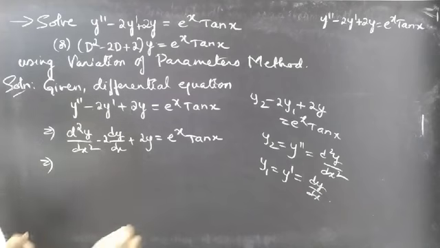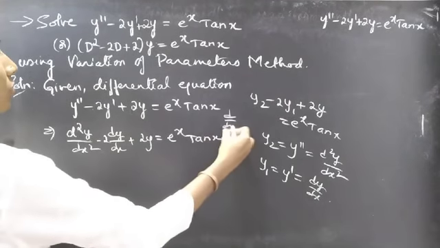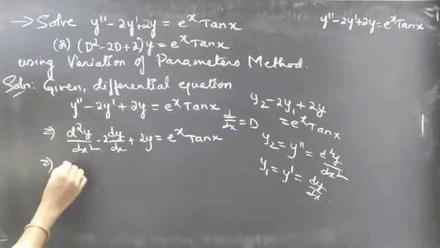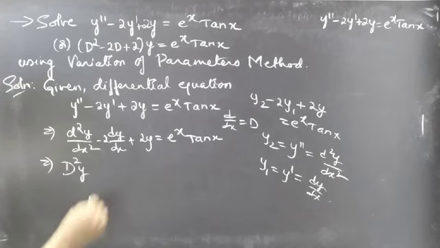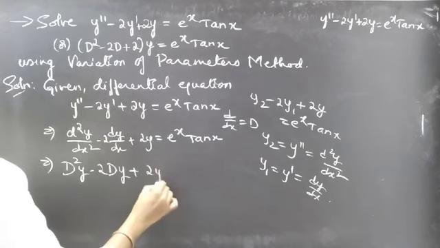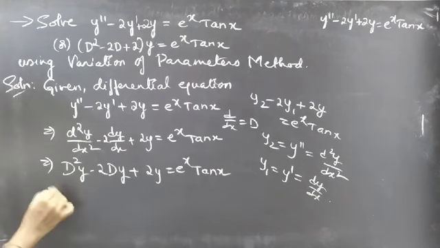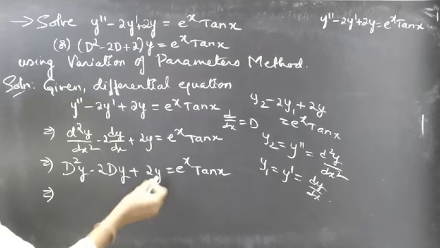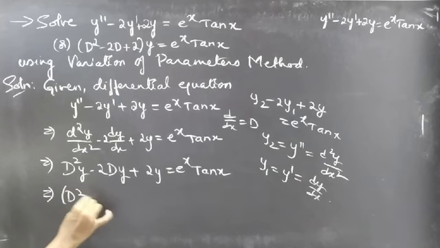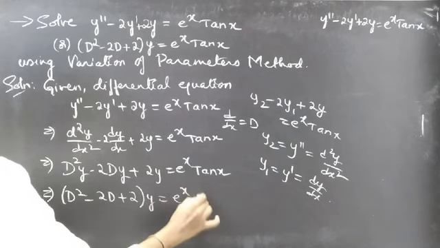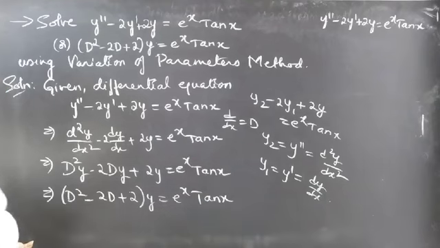Now let's replace d by dx with the differential operator D. We can write d square y by dx square as D square y, minus 2 into dy by dx as Dy, plus 2y equal to e power x tan x. Now take y common from all three terms of the LHS, and we'll get (D square minus 2D plus 2) into y equal to e power x tan x.